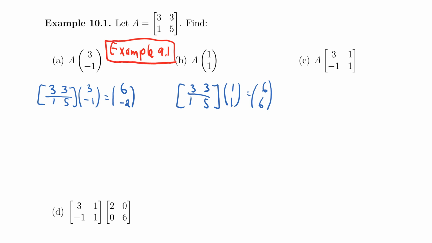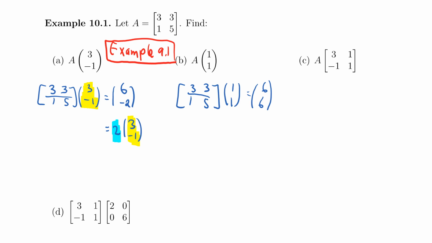In example 9.1, we also see that this (6, -2) is actually just 2 times (3, -1). So that means (3, -1) is my eigenvector corresponding to the eigenvalue 2.